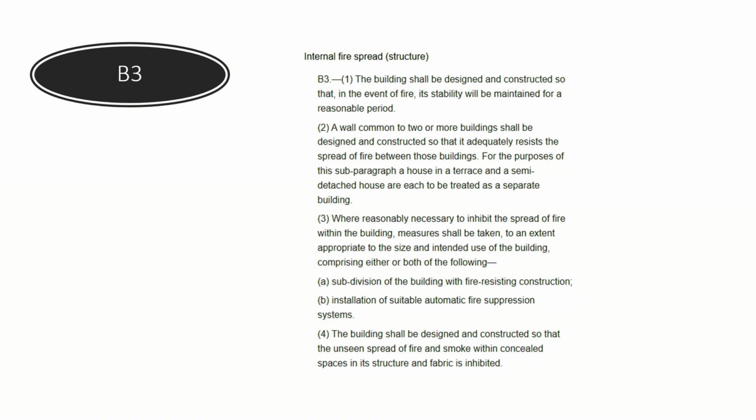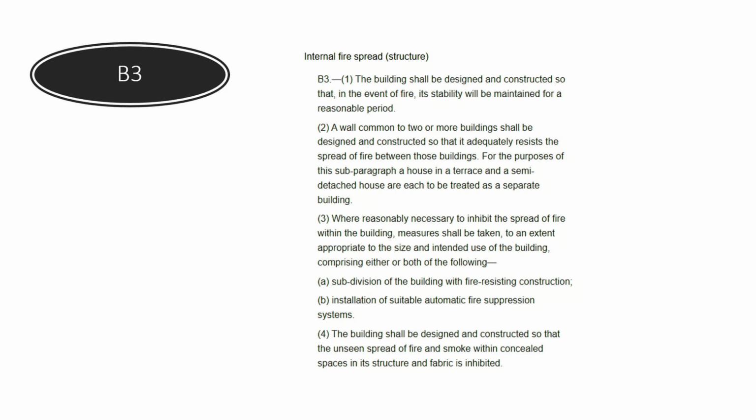B3 is basically fire resistance. So Schedule 1, internal fire spread: the building should be designed and constructed so that in the event of a fire, its stability will be maintained for a reasonable period. Then it talks about common walls in two buildings, so we're talking about compartmentation.